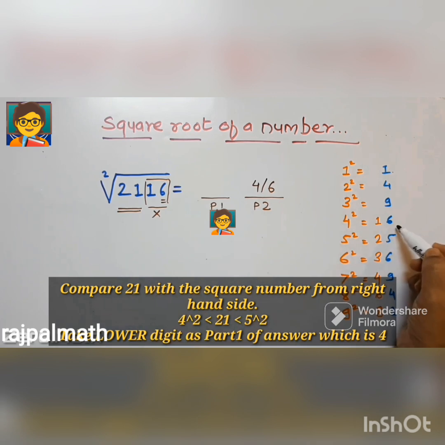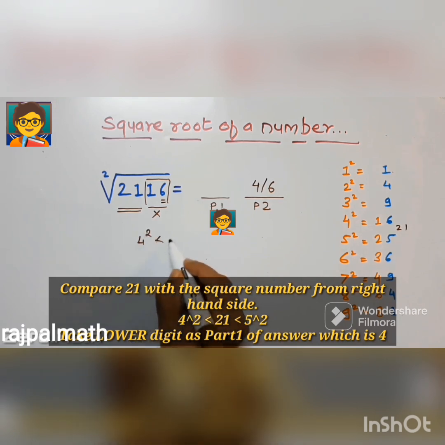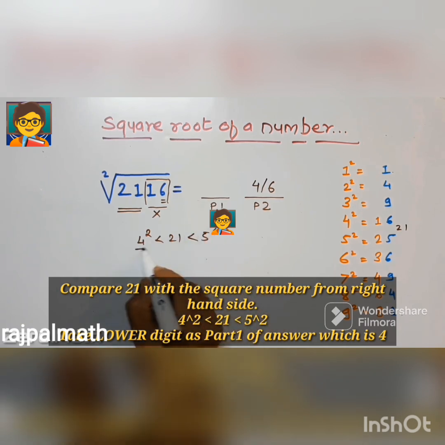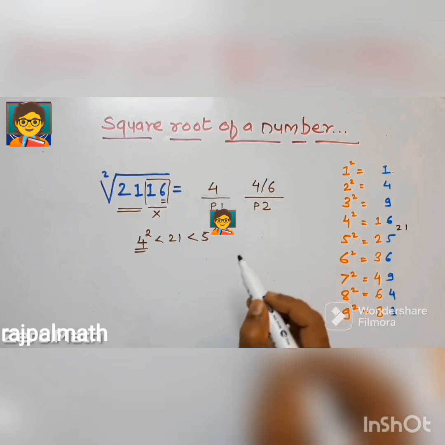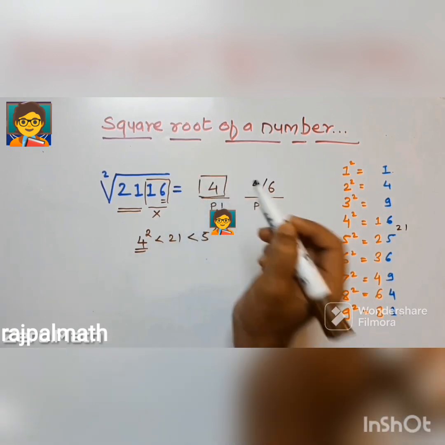If you can see, 21 falls between 16 and 25. So 4 square is less than 21, which is less than 5 square. Always take the lower digit, which is 4. So 4 is the first part of my answer, which is fixed.